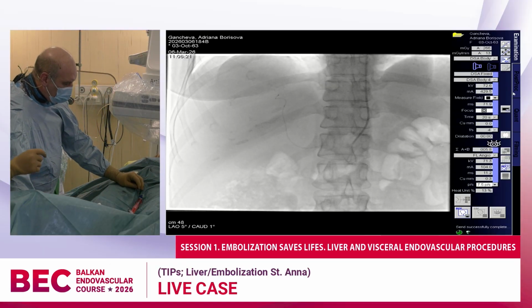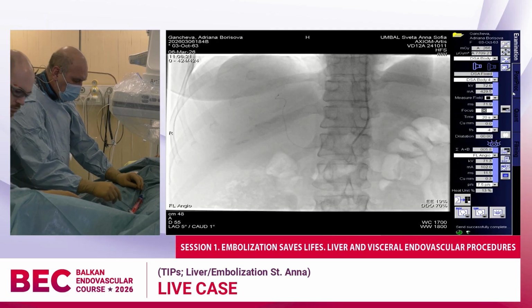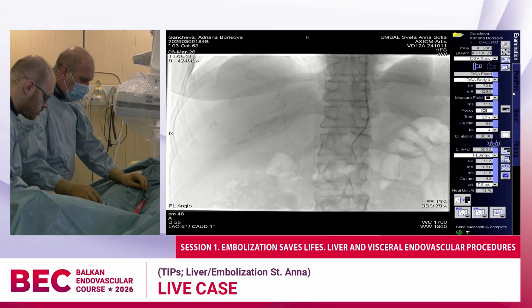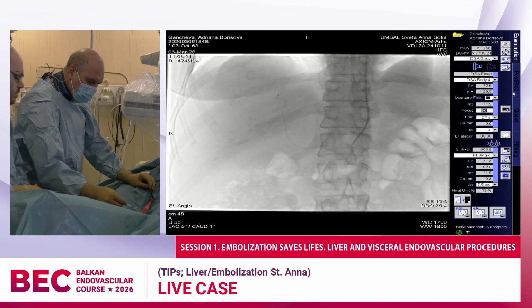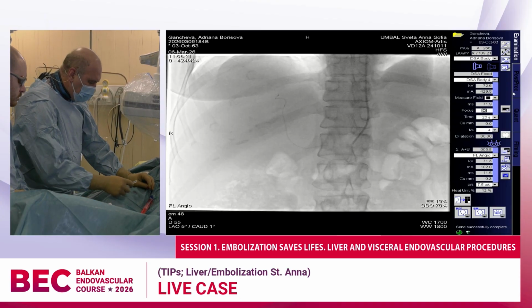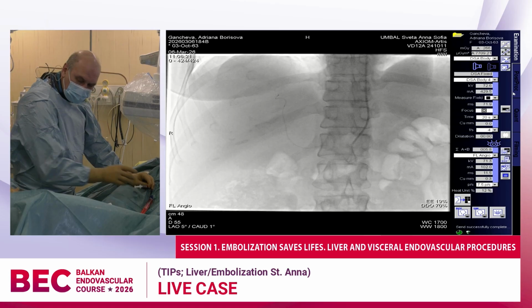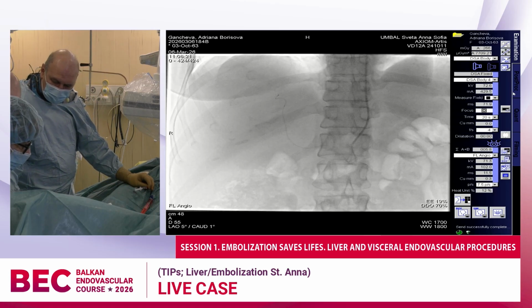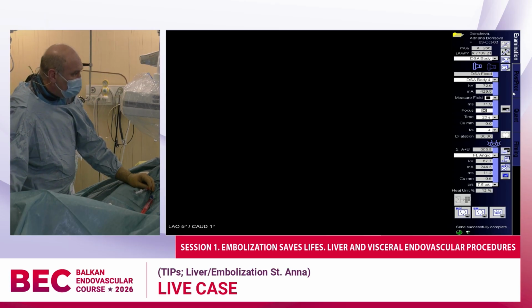And now before we embolize, we are going to inject. We are using a small syringe and half contrast and water. May I have amplification, please? Okay.